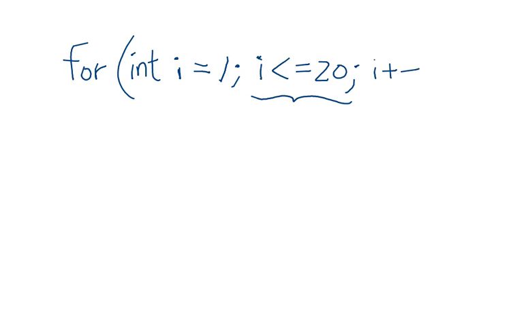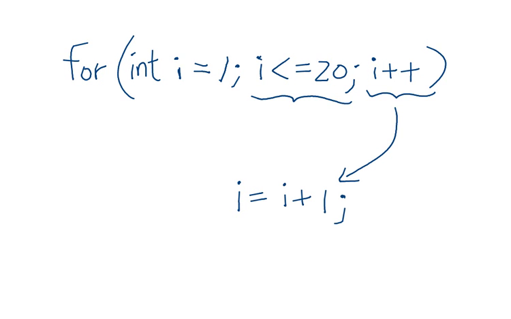All right, so let me explain what I++ stands for. I++ stands for I is equal to I plus 1. It's a shortcut. It's a short way of writing I equals I plus 1.